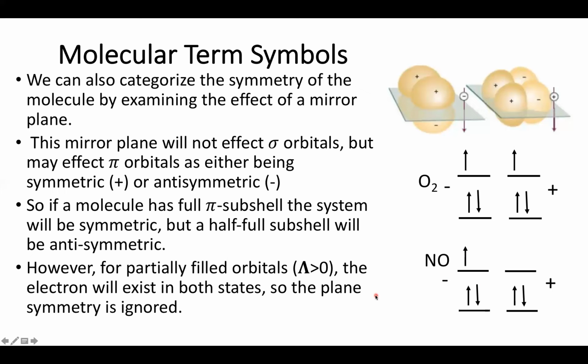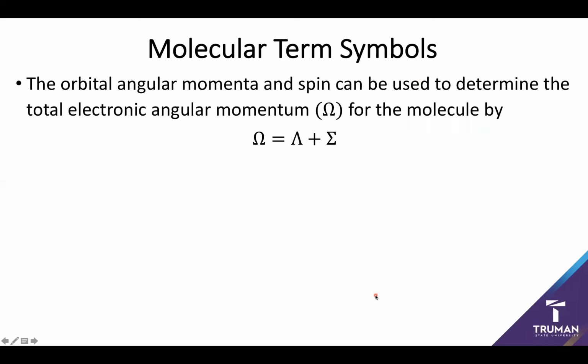And now this leaves us with one last pesky symmetry element. This one isn't always included in a molecular term symbol, but it is worth noting because it's more or less what we've done before. It's our total electronic angular momentum. Specifically, we're looking at how spin and electronic angular momentum pair. This can be given by our total angular momentum as our orbital plus our spin. Here we're going to be doing it slightly differently than for atomic systems.